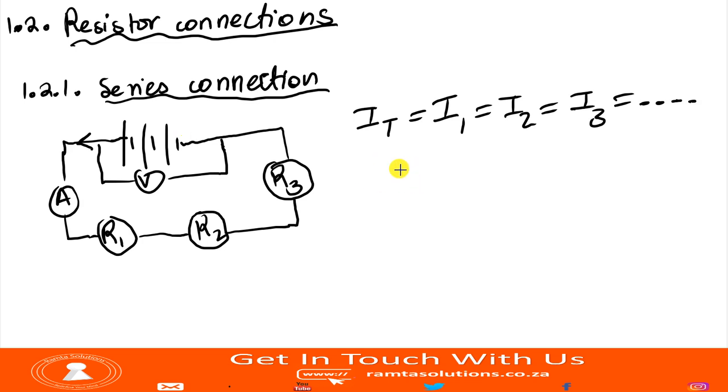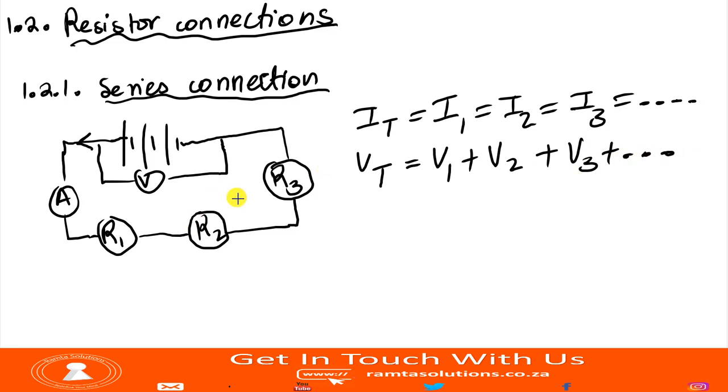Now by saying current is not divided, this means that potential difference must be divided. So the total potential difference will be equal to the potential difference of resistor 1, plus the potential difference of resistor 2, plus the potential difference of resistor 3, and so on.